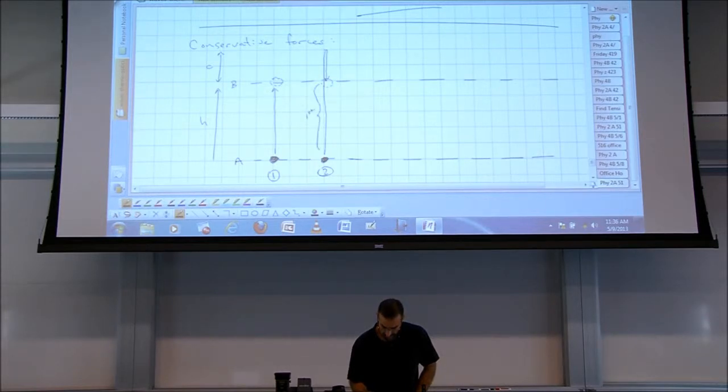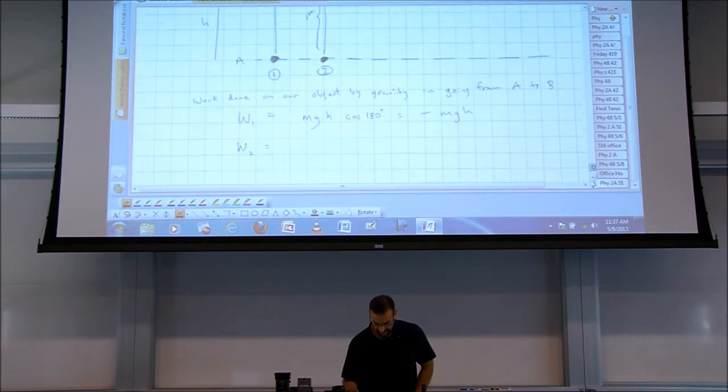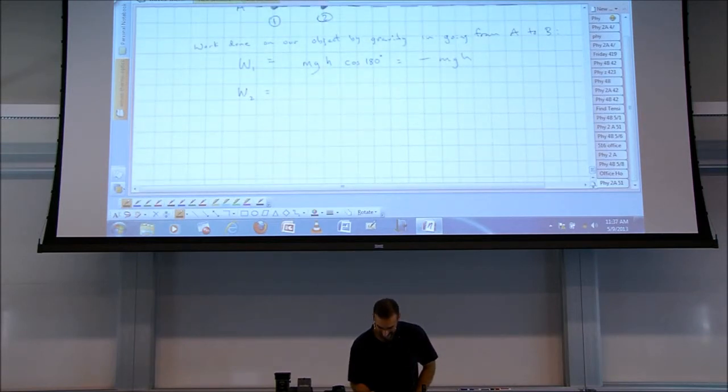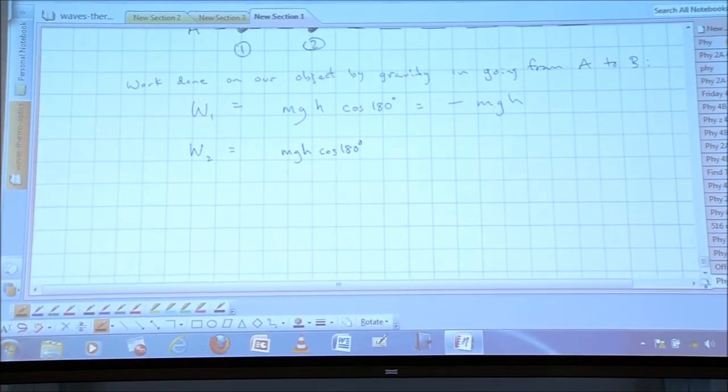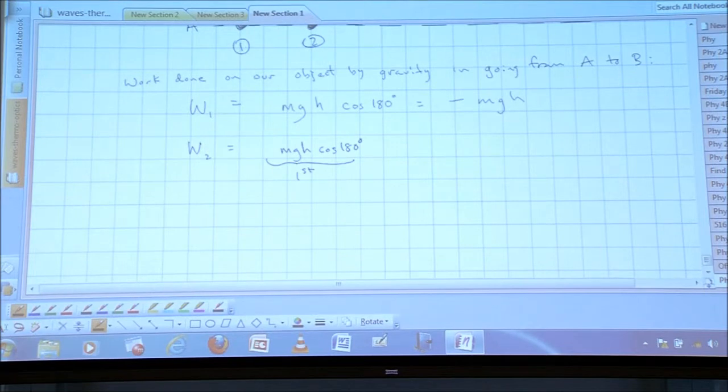First, we'll go to there. Then we'll bring up beyond. And then we'll have a third section where we bring it back. What do you think the work is going to be? So we get, for section 1, mgh cosine 180 degrees, right? That's our first section.